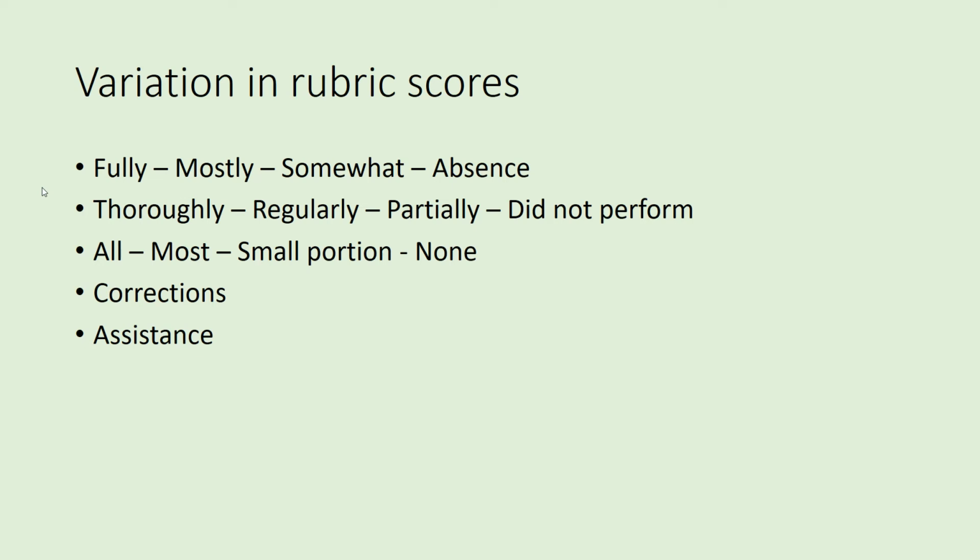Some of the rubric descriptions will say no corrections were given, or maybe minimal corrections were given as part of that rubric score description, or assistance. Maybe there was no assistance given, there was minimal assistance given, there was maximal assistance needed for this.